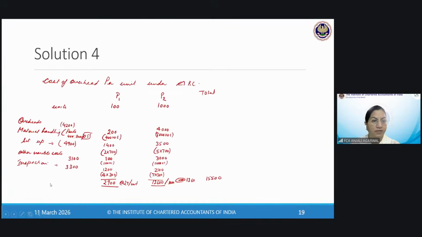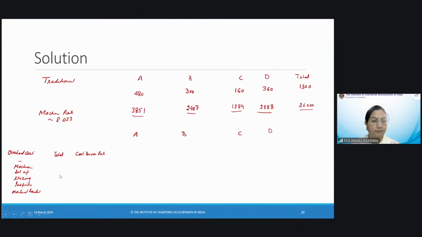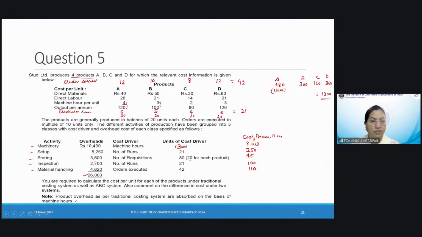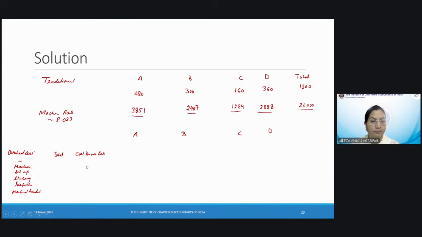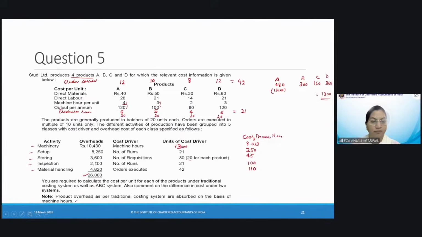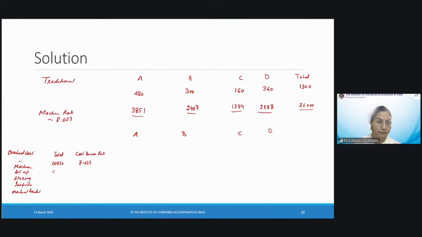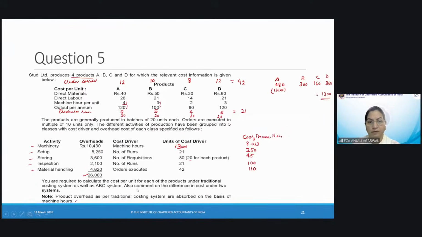The total of machinery is 10,430, with the cost driver at the rate of 8.023. Setup is 5250, and the cost driver rate is 250.